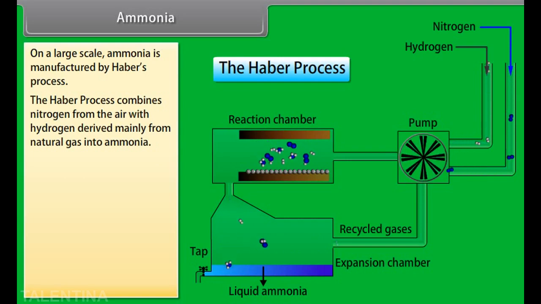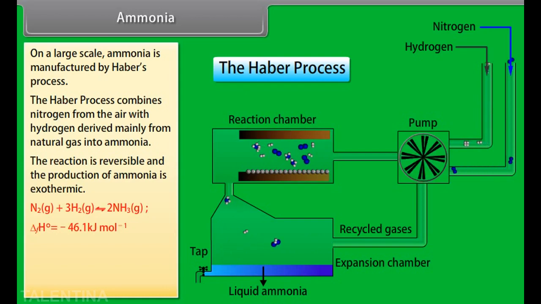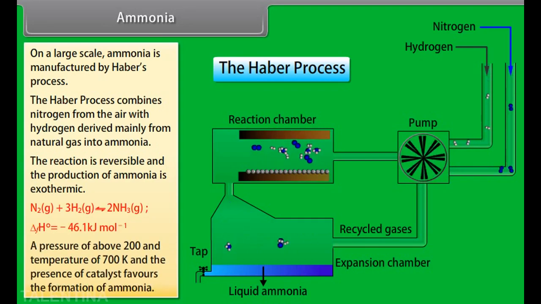The Haber's process combines nitrogen from the air with hydrogen derived mainly from natural gas into ammonia. The reaction is reversible and the production of ammonia is exothermic. A pressure of above 200 atm, a temperature of 700 Kelvin and the presence of a catalyst favor the formation of ammonia.